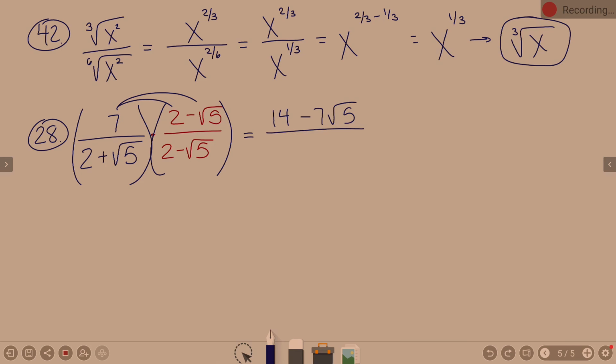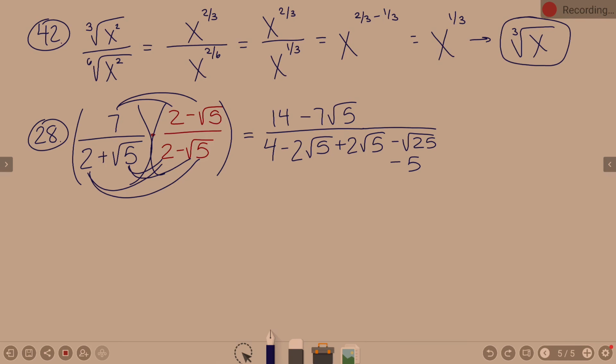On bottom, when you foil, guys, you've got to be able to foil tomorrow. 2 times 2 is 4. 2 times minus square root of 5, so minus 2 square root of 5. Square root of 5 times 2, plus 2 square root of 5, minus square root of 5 and a positive square root of 5. Minus square root of 25, or I could just say minus 5.